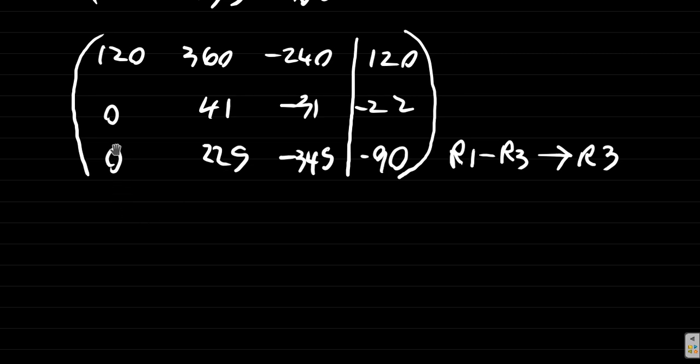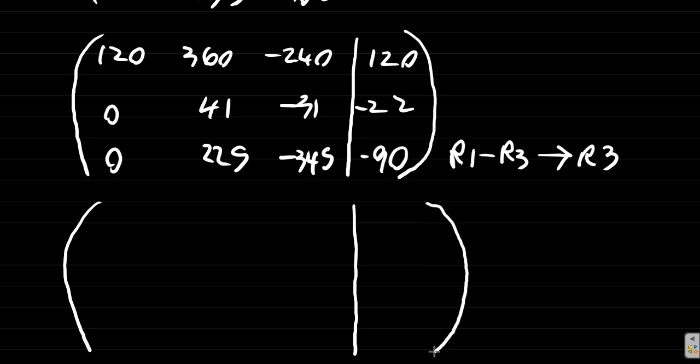Now, we're going to have some big numbers here. What we can do, in order to avoid having too many big numbers, you don't have to worry about the big numbers. You're using a calculator, right?